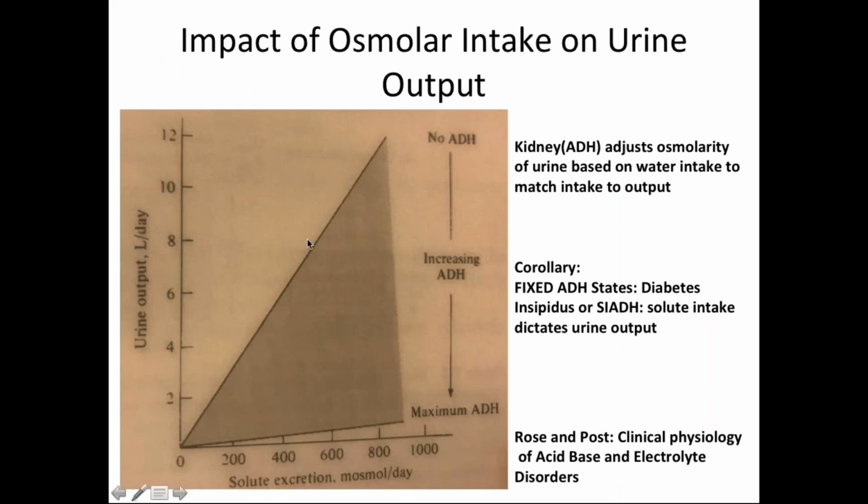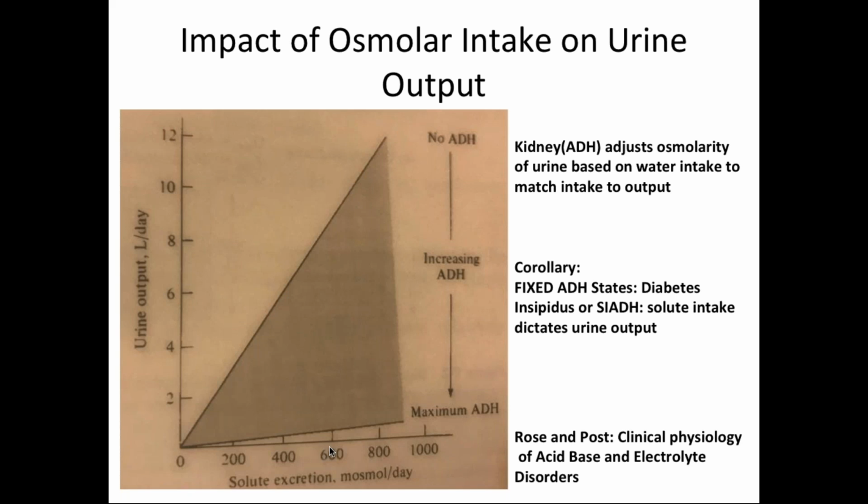As I was using the example, let's say someone has a urine osmolarity of 600, and this is now fixed. So every day his urine osm, 24 hours a day, 7 days in a week, is going to be 600. So normal solute intake is 600. So if he is taking 600 osms a day, and his urine osmolarity is 600 osms per liter, he can only excrete 1 liter a day.